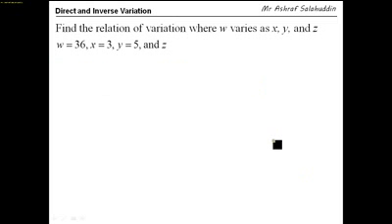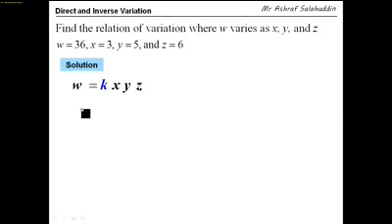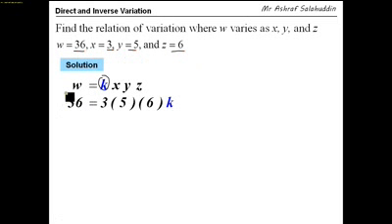Example: find the relation of variation where w varies as x, y, and z, where w equals 36, x equals 3, y equals 5, and z equals 6. Okay, let's write the relation. w equals kxyz, because w varies as x, y, and z. Now we have to get k, so we replace by these values. w is 36, and x, y, z are 3, 5, 6 respectively.